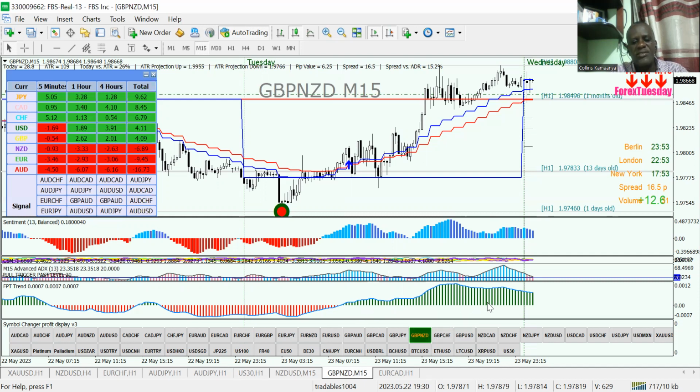When it's green here, it shows we are buying. When you have a lower semaphore here, it shows we are entering the buying mode. But don't enter here, don't be too aggressive. You wait for it to cross over, then you enter the next candle.